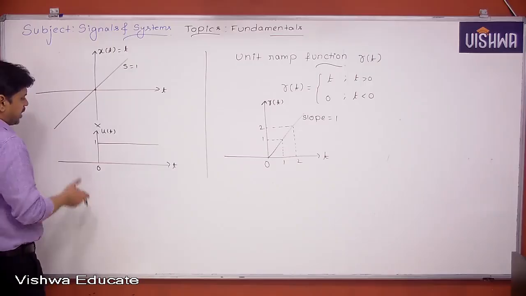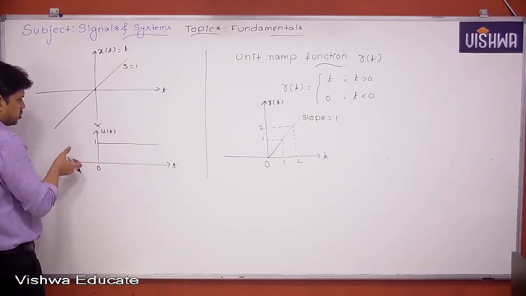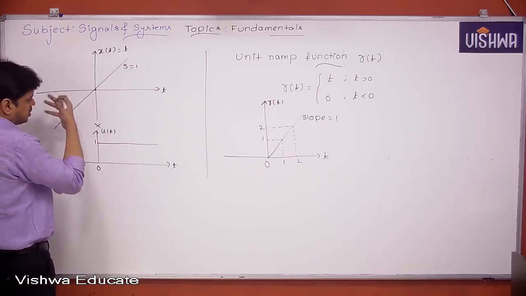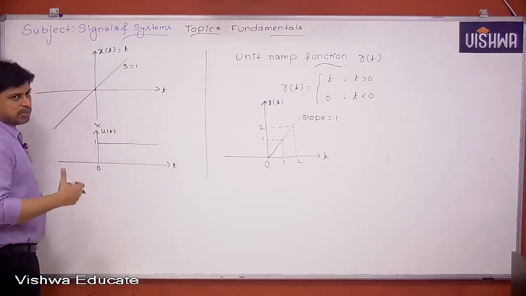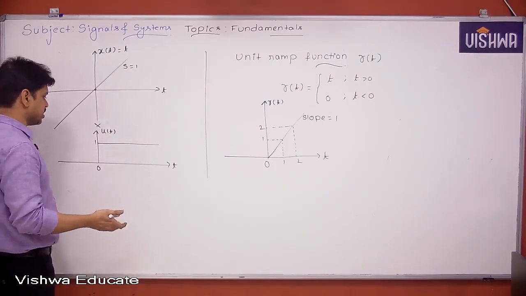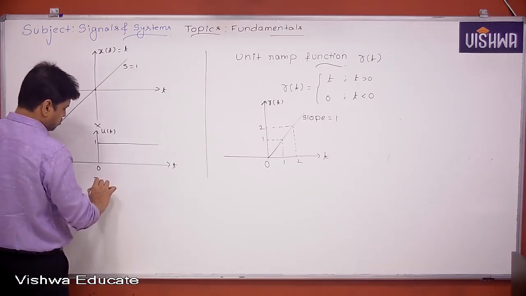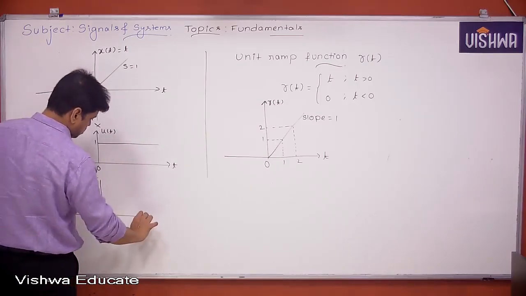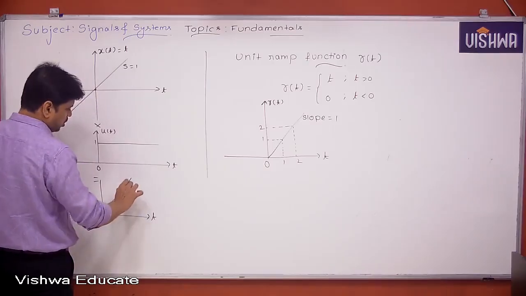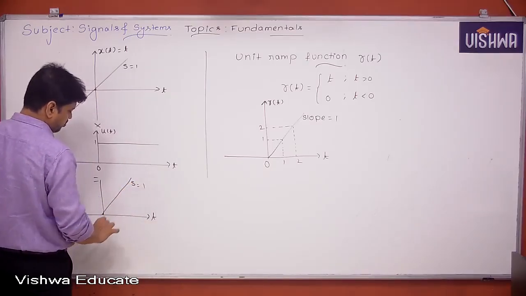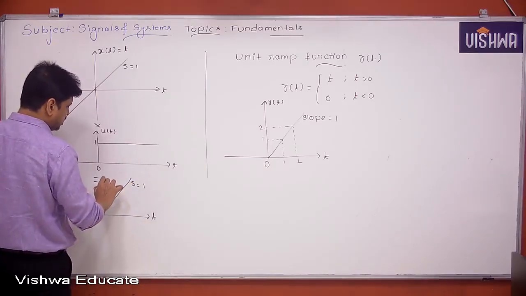So if I multiply before 0, its value is 0, and 0 multiplied with anything is 0. After this its value is 1, and if I multiply any signal with 1, I get the same thing. So the result is a straight line passing through origin, but only existing for positive values of time, slope is equal to 1. Is it nothing but r of t?